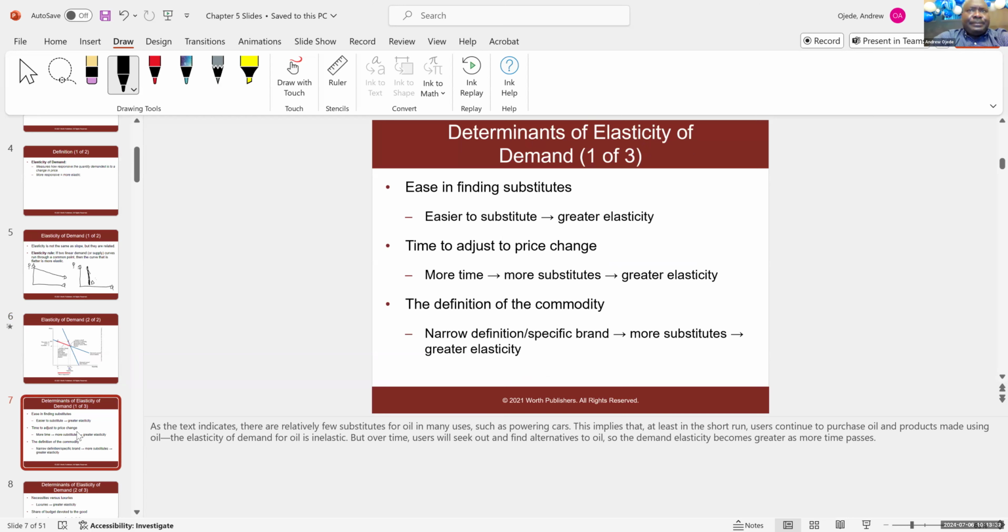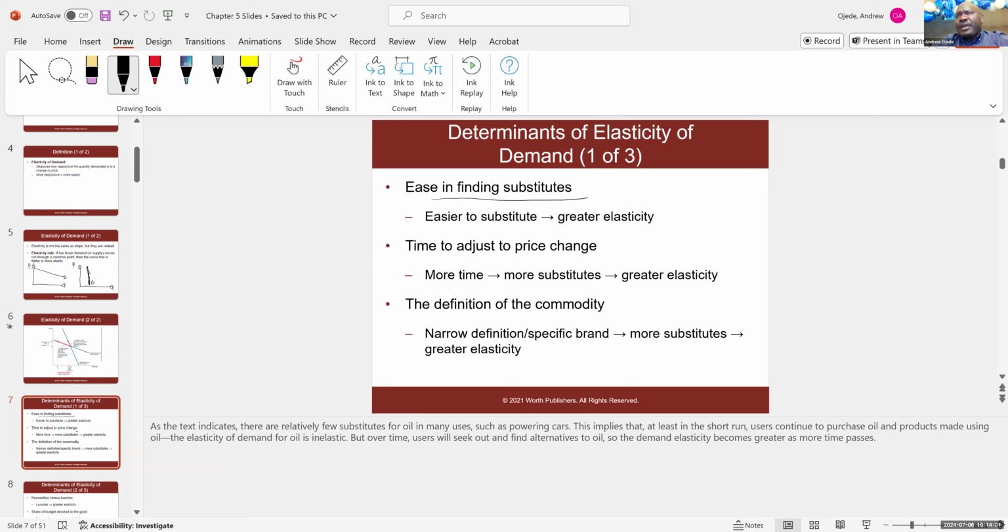Okay, now let's talk about the determinants of elasticity of demand. What makes consumers respond a whole lot to the purchase of certain goods anytime there's a price change, and what triggers consumers to respond less to buying a product anytime there's an increase in price. So the first is the ease of finding substitutes.